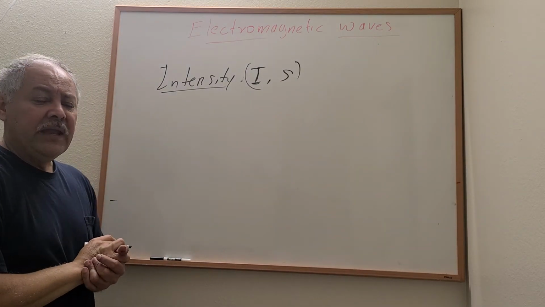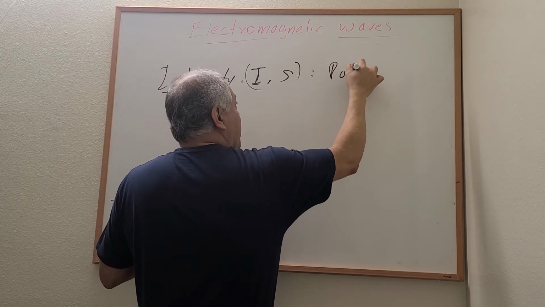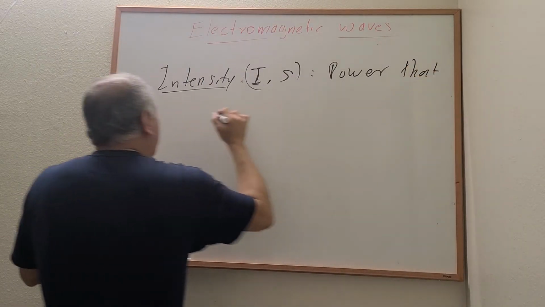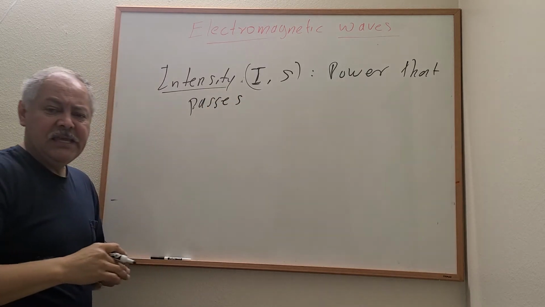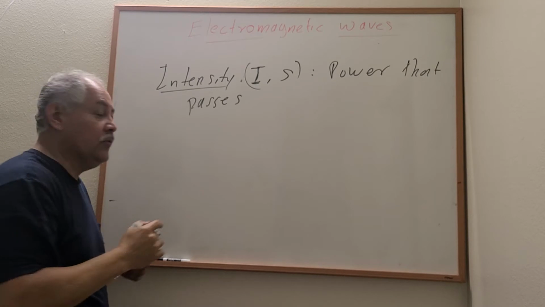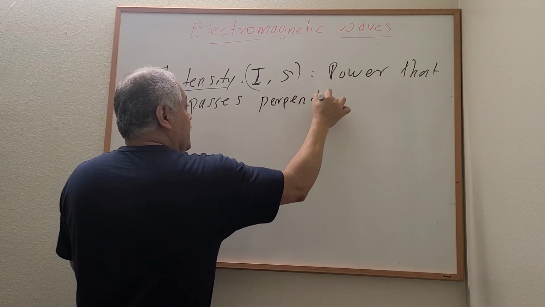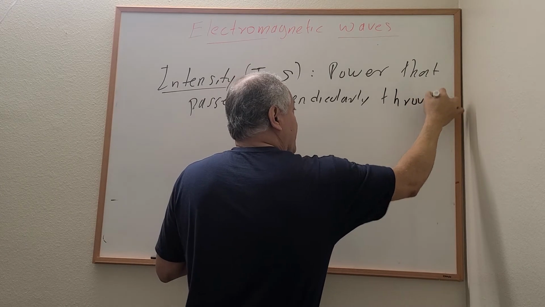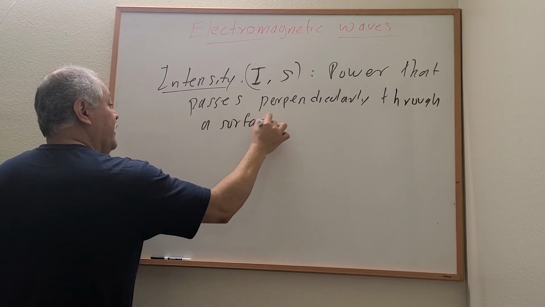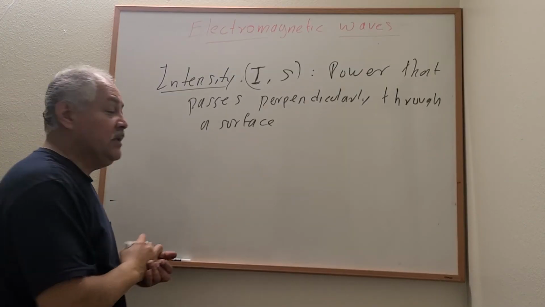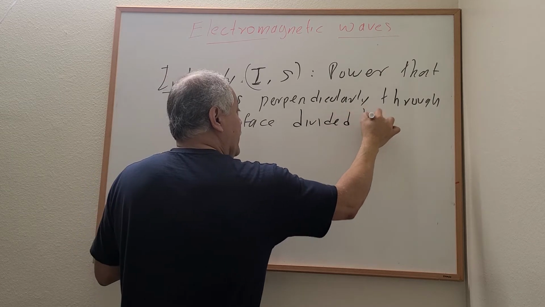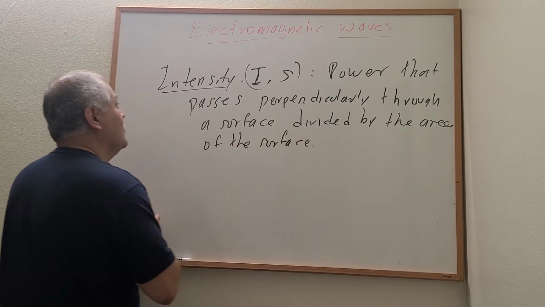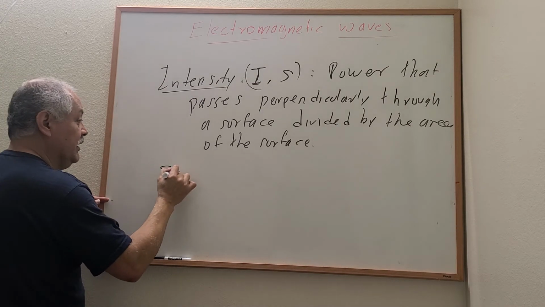Okay, and the intensity is defined as the power that passes perpendicularly through a surface, divided by the area of the surface, correct?